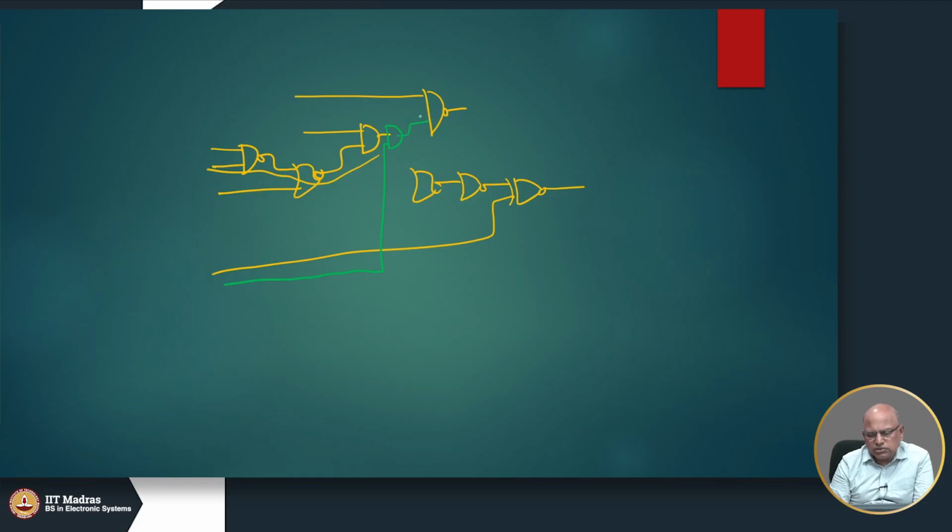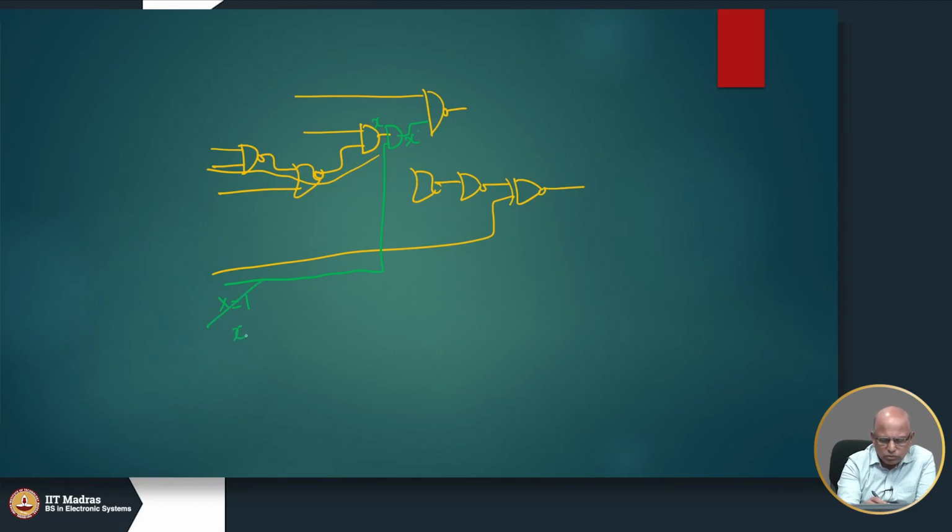So, we added an extra AND gate. If I make this control line 1, then the circuit's functionality has not changed. So, this wire has the same value; if this value is x, x dot 1 is x only. But during testing, if I want to somehow make this 0, it is very easy.